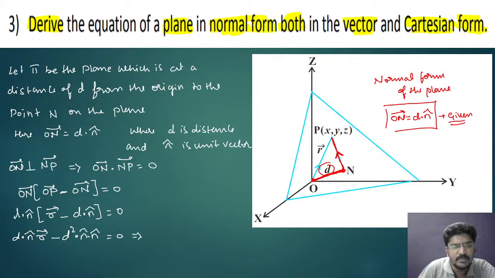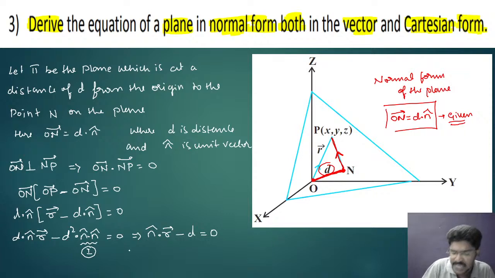Therefore, this implies N cap dot R minus D will be equal to 0, because here N cap dot N cap becomes 1. D is common, take D outside and take on this side, it will be 0 by D, that is 0.